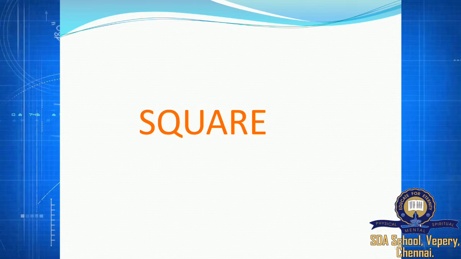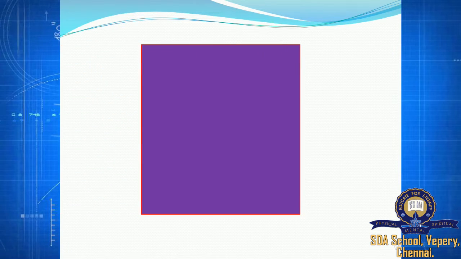Now, we will learn some important features of a square. A square has 4 sides. First side, this is number 1.